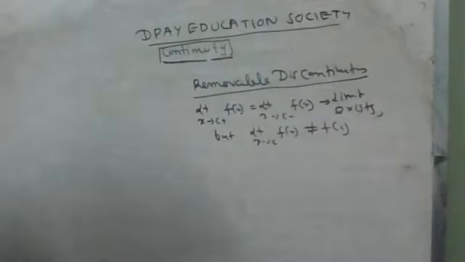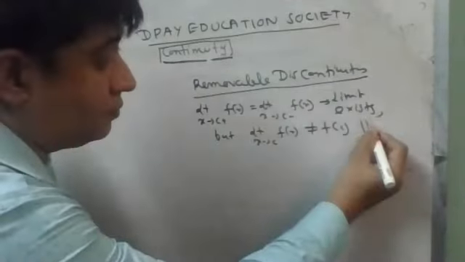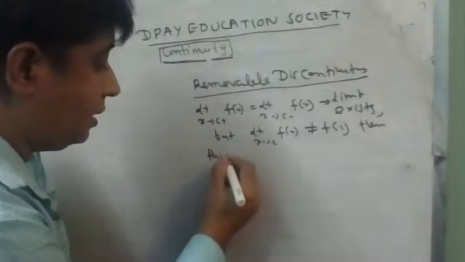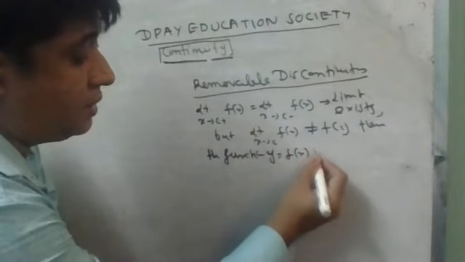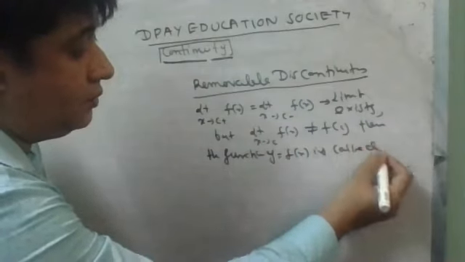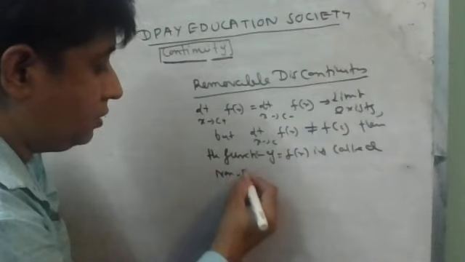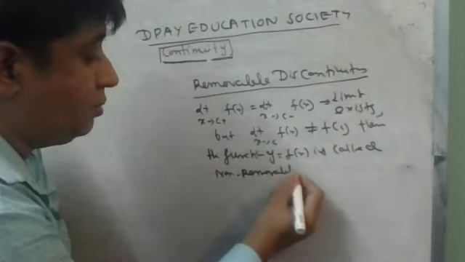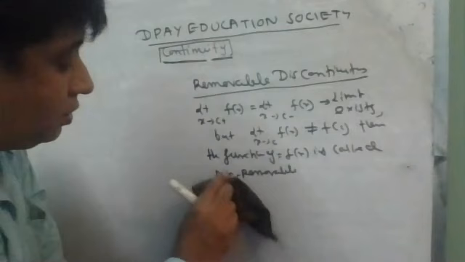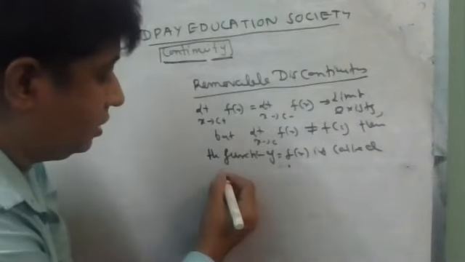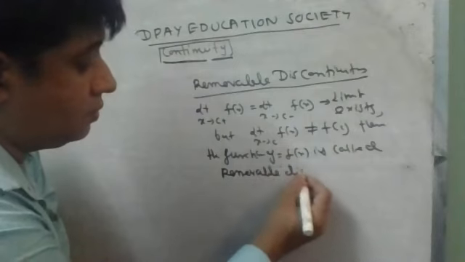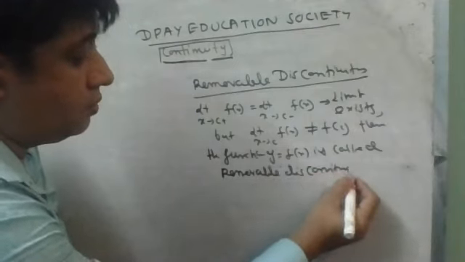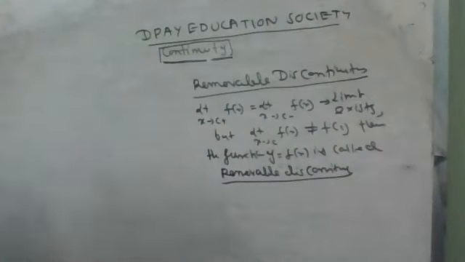Then the function y is equal to f(x) is called removable discontinuity.